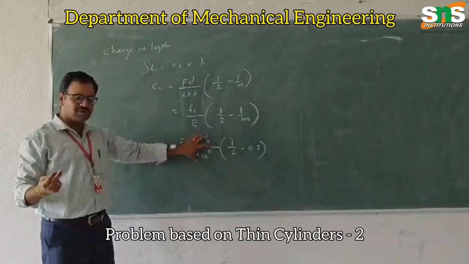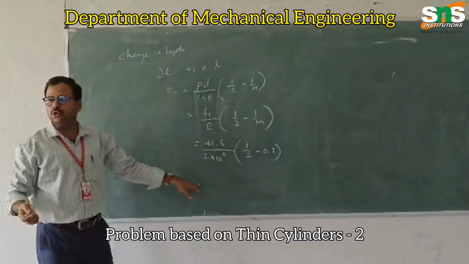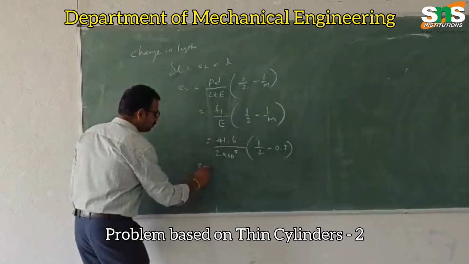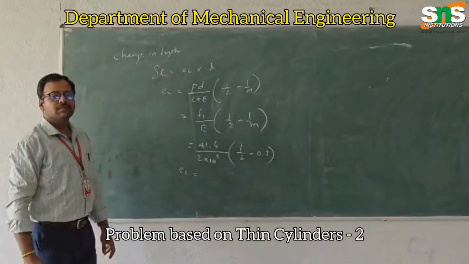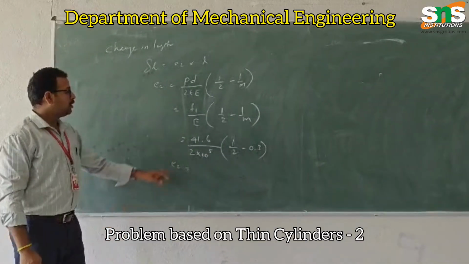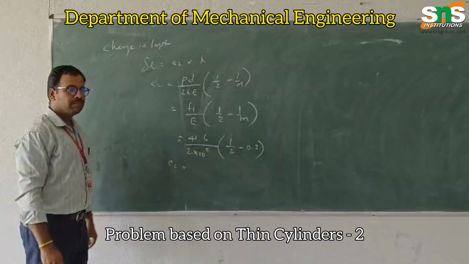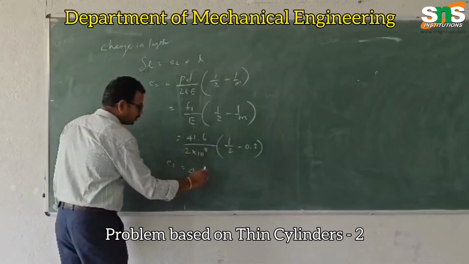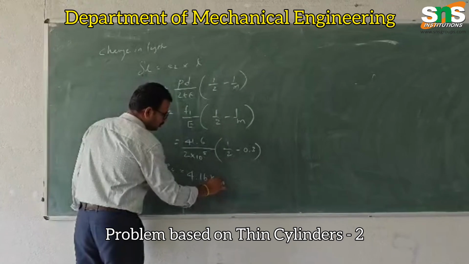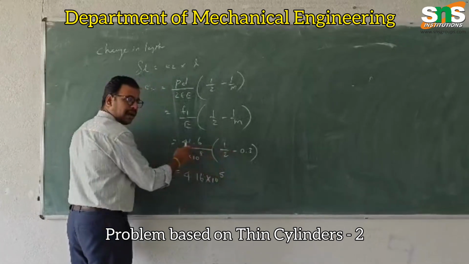You just multiply with those values, we are getting the e2 value. So what is the e2? 41.6 divided by 2 into 10 to the power 5, 4.16, 4.16 into 10 to the power 5. You multiply both values.